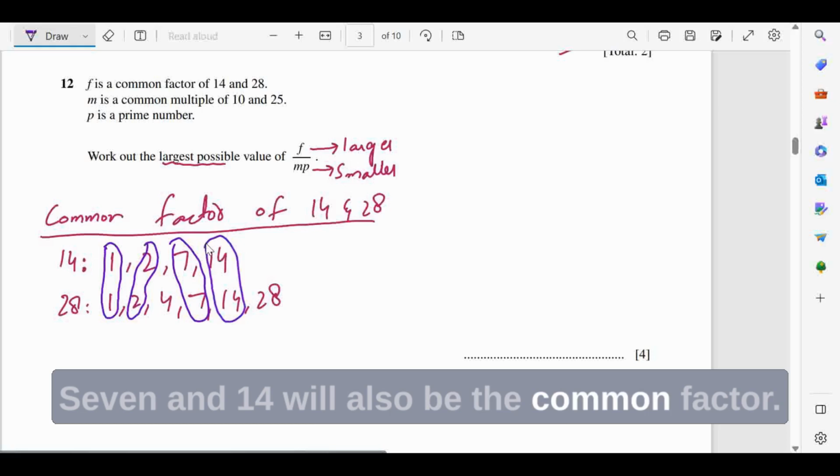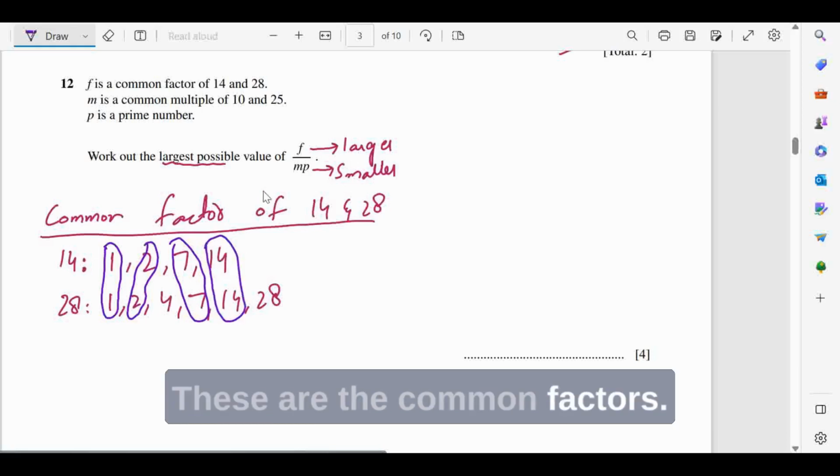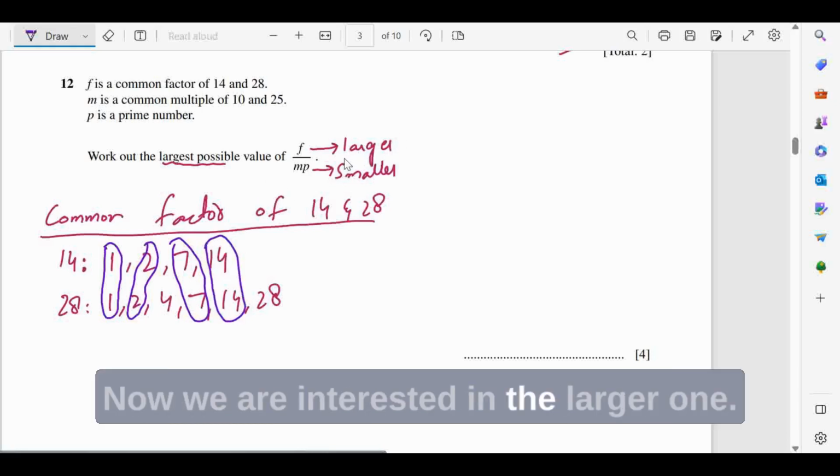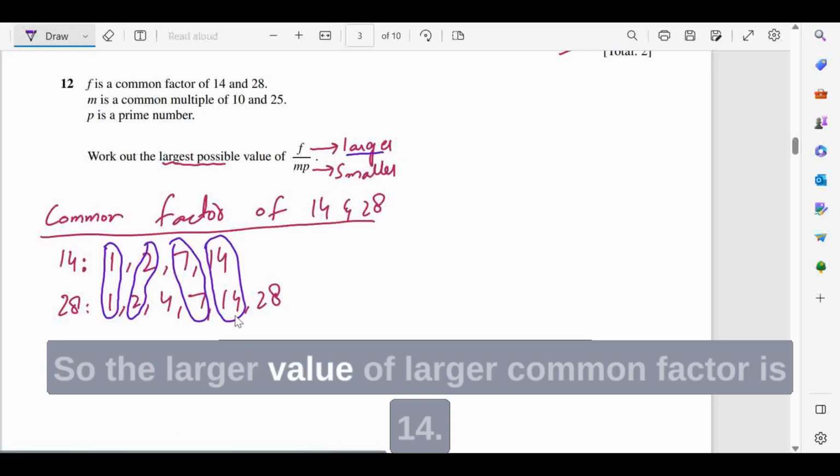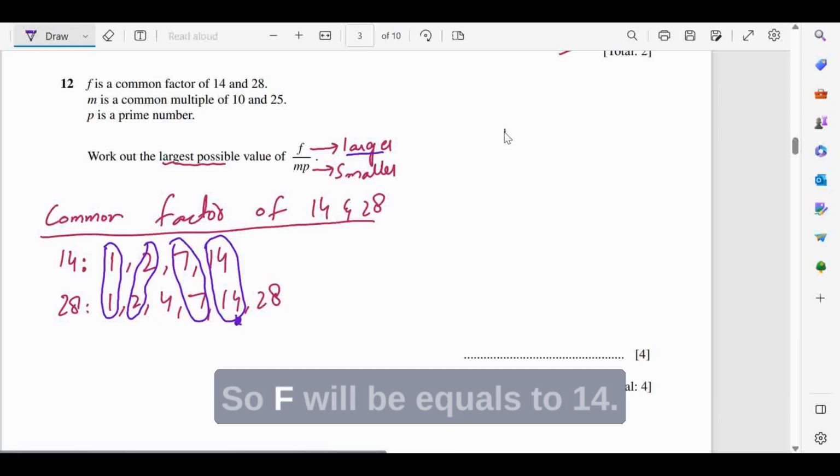Now we are interested in the larger one, so the largest common factor is 14. So F will be equal to 14.